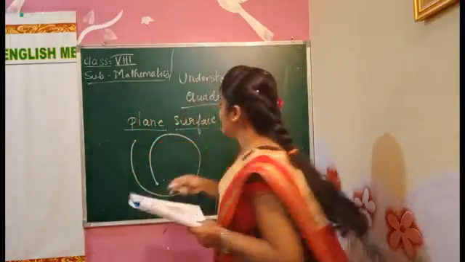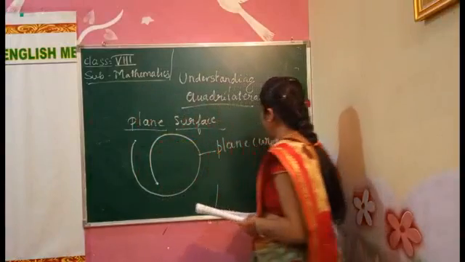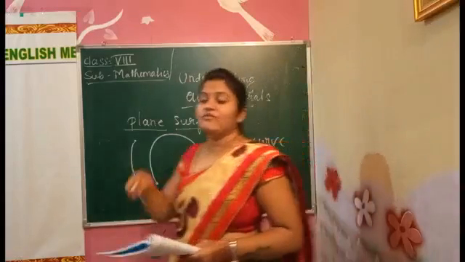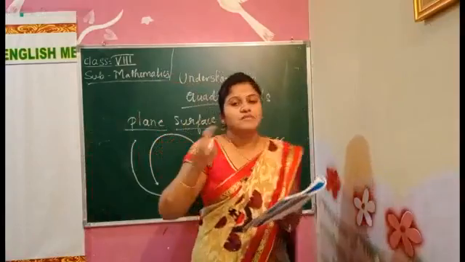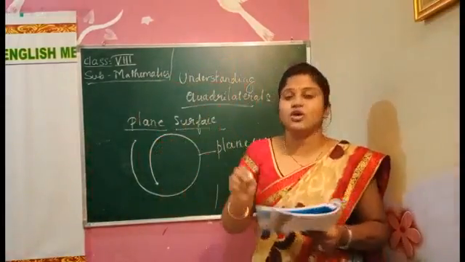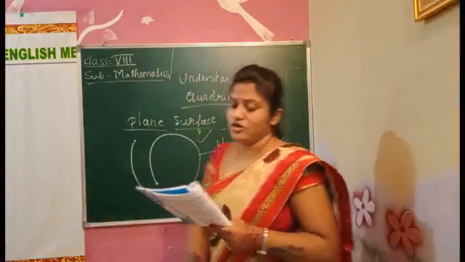It is a plain curve. This is called a what, children? Plain curve. Okay, without lifting the pencil, we continuously draw starting from one point. That is called a plain curve. The plain surface you understood, the plain curve you understood.